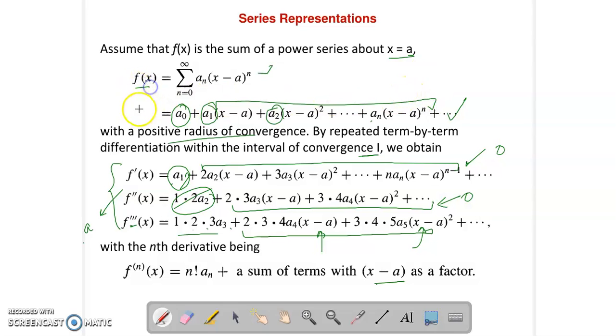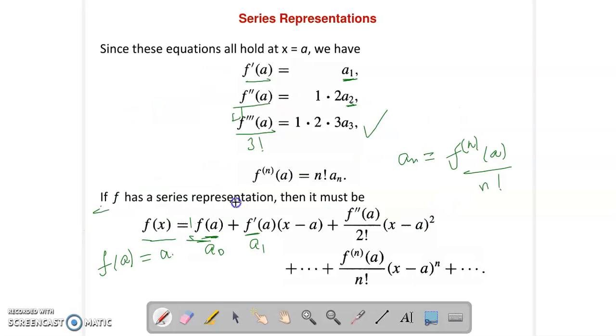So f at a will be equal to a naught, right? That's why we are writing a naught as f of a. So a naught is f of a, plus all other a_i are given this way. So this is the series representation of the function f, right?